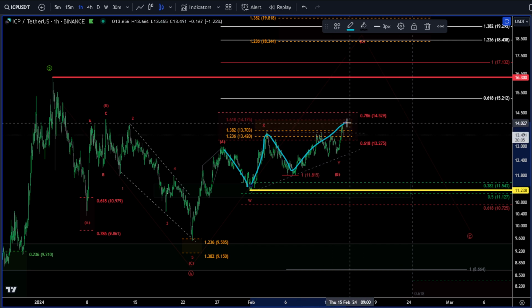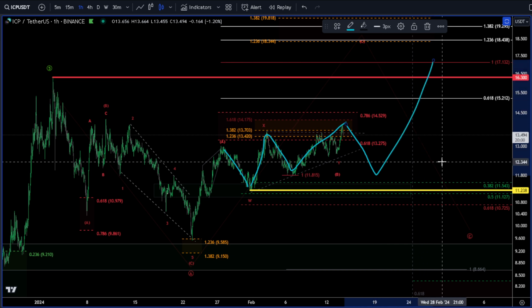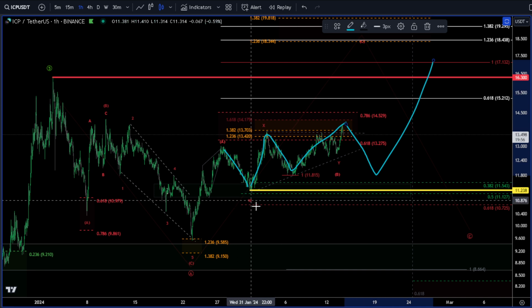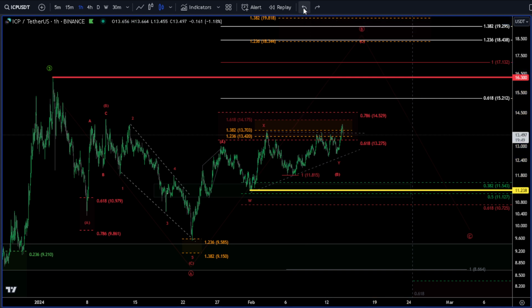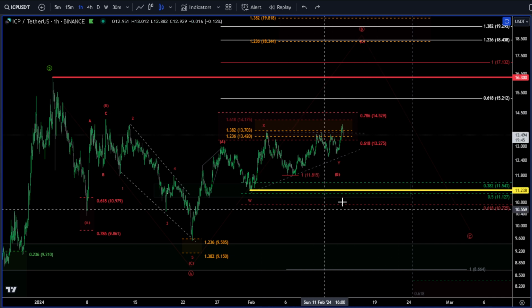That could be our 3-wave B, and we still get this C wave to the downside before we attempt our high. So there's a lot of things that can be happening here. That's why I always say when we start with 3, you just have to kind of stick with it. Because I know B waves can be very frustrating, and if you're trying to trade down on like the 5-minute level, you're going to get eaten alive here.